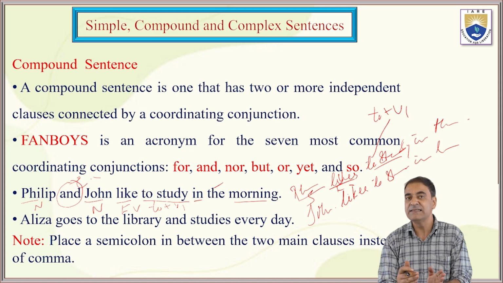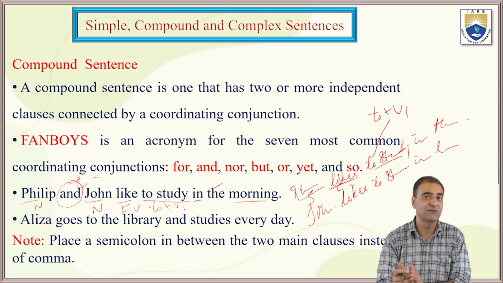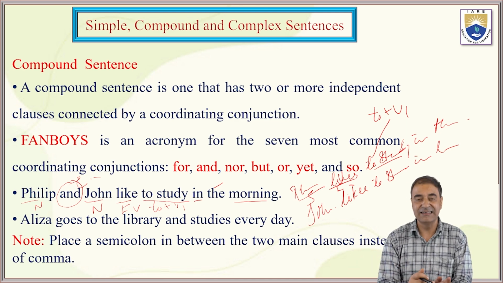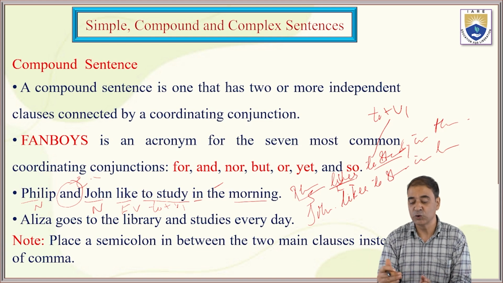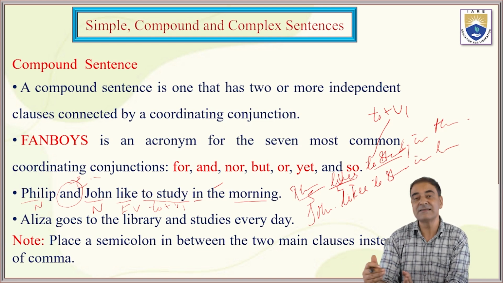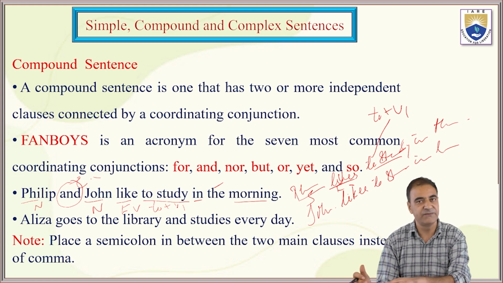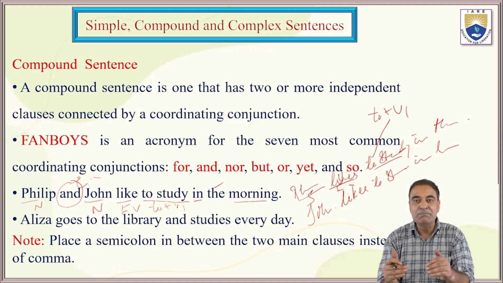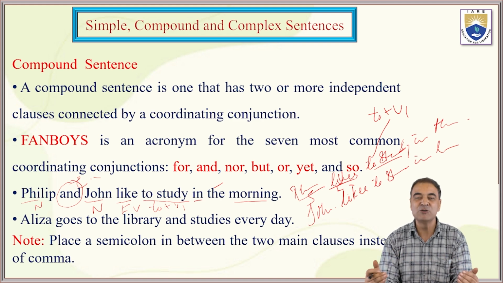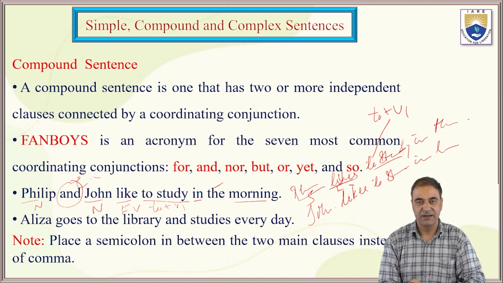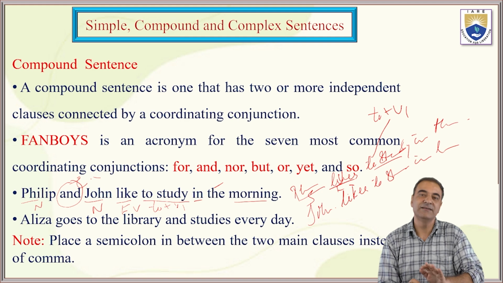If we take these sentences separately, for example, the first sentence, Philip likes to study in the morning, of course that is a simple sentence. And the second sentence, if I take it separately, John likes to study in the morning, again this is a simple sentence, because each carries one finite verb. But when we combine these two clauses with the help of a coordinating conjunction like and, it becomes a compound sentence.